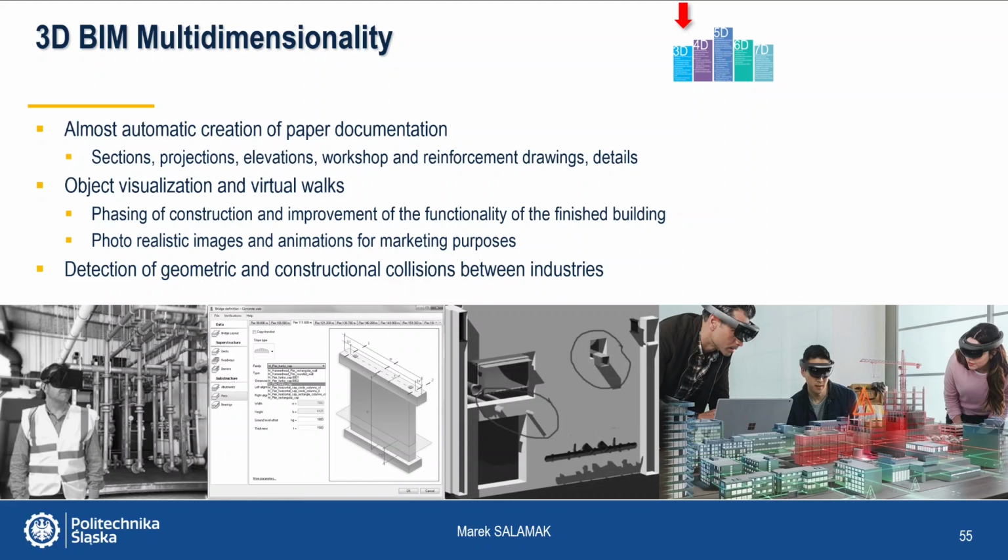This allows us to introduce construction phases and improve the functionality of the target planned structure. We can create photorealistic images and animations, also for marketing purposes, but above all to detect various collisions like geometric, construction, interdisciplinary.